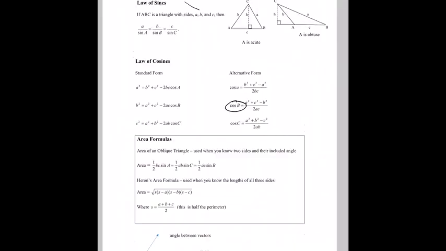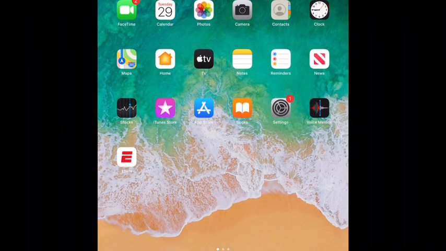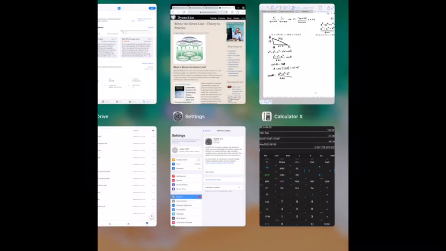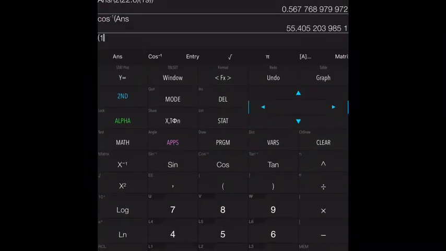So going back to the formula sheet, if we want to find angle B, we can use this form of the law of cosines, where cosine of B is already isolated. So cosine of B is a squared plus c squared minus b squared divided by 2ac. So this is 19.6 and 19.